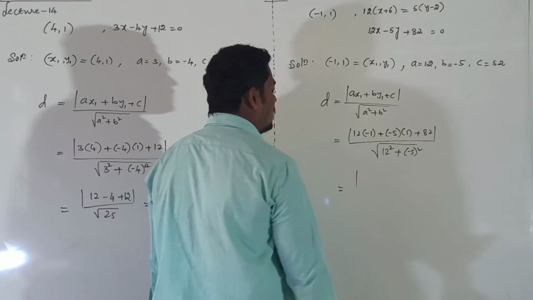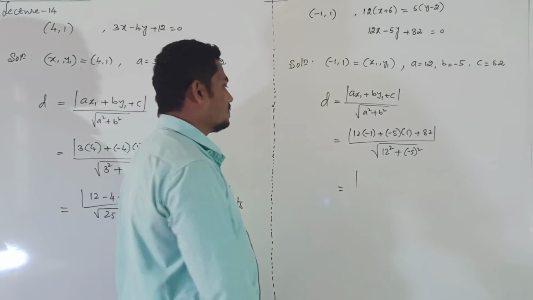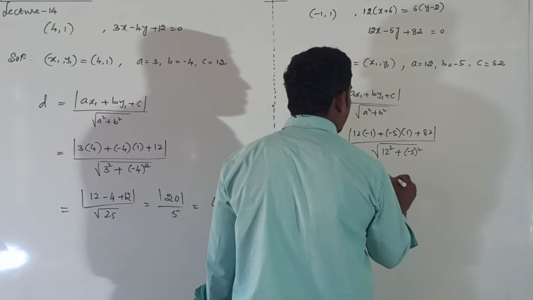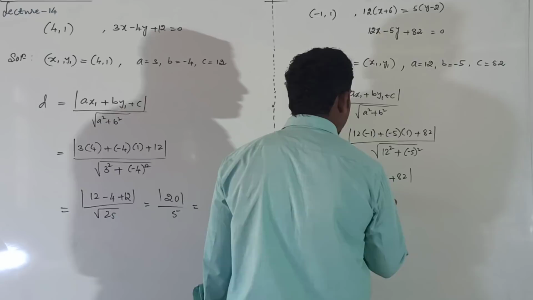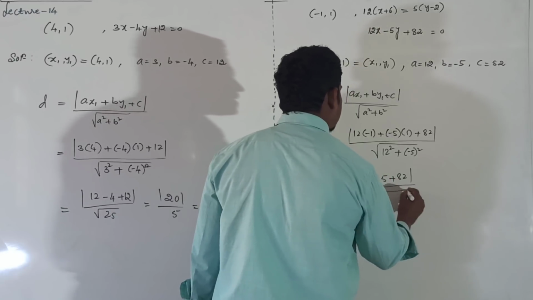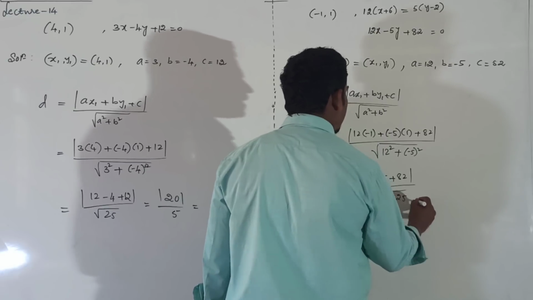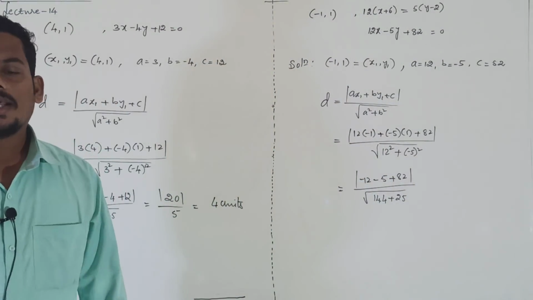Now usual simplification, modulus of minus 12 minus 5 plus 82, right? Whole thing divided by square root of 144 plus 25. Clearly it is 169, right?